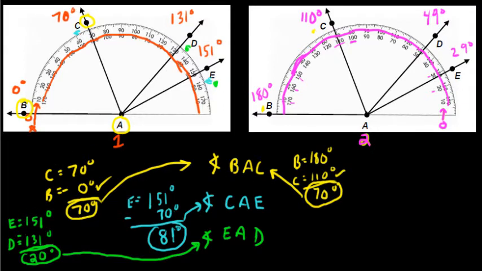Alright, let's try angle CAE. Okay, E is right here, and C is right here. C is bigger, so we're going to start with C. So we're going to say C equals, and look, it says 110. So I'm going to put 110 degrees, and E equals 29. It's bad form.